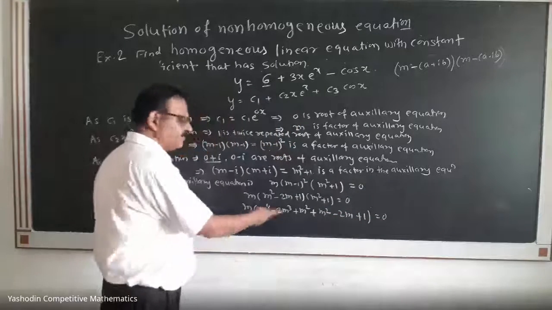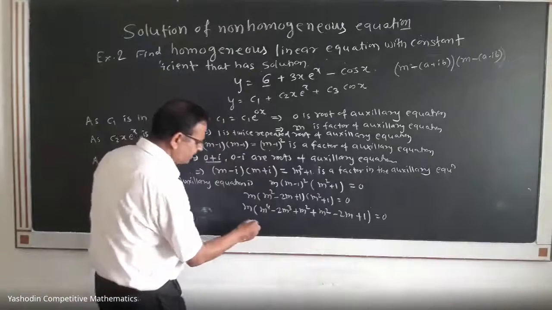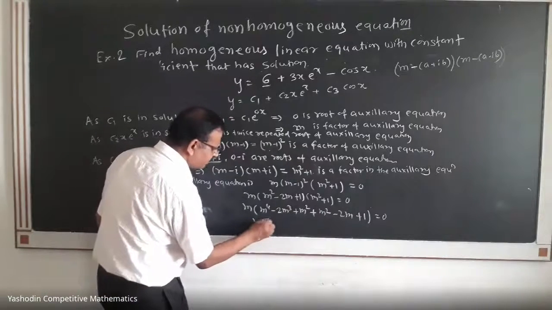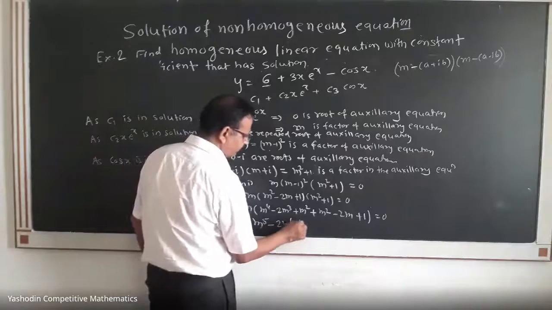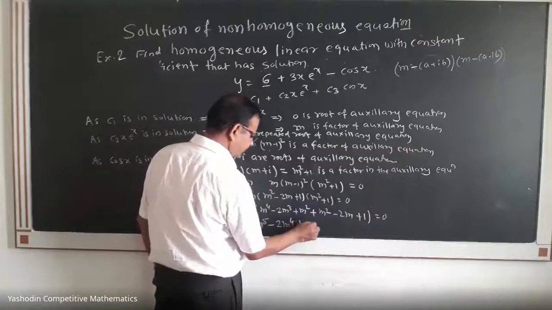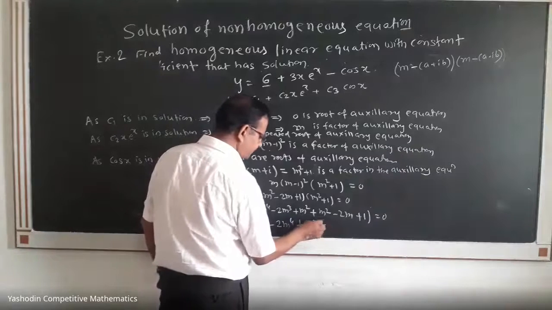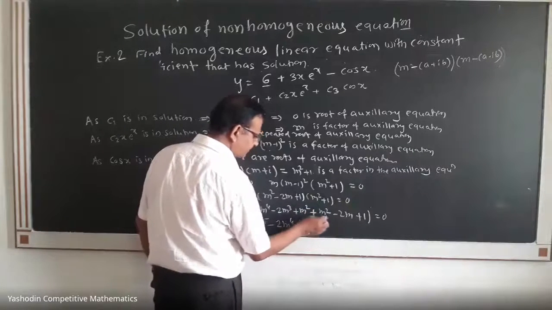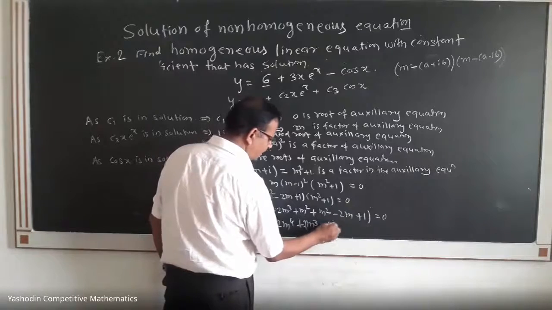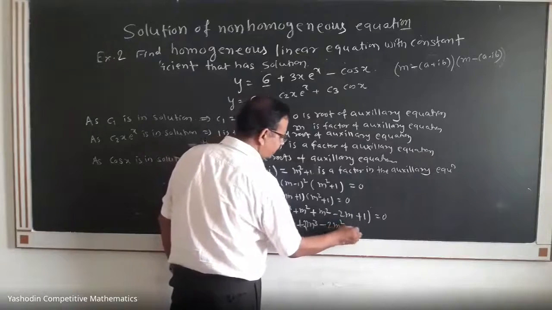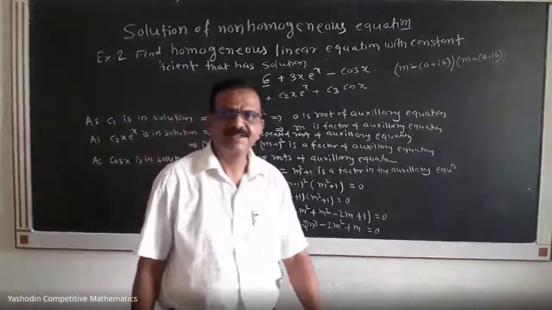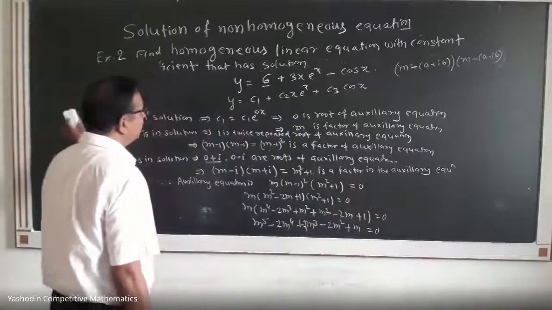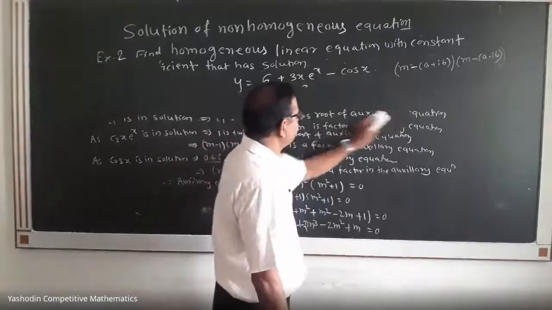Again I shall multiply by m, and that is nothing but m raised to 5 minus 2m raised to 4 plus 2m cube minus 2m square plus m equal to 0. This is the auxiliary equation. And from this, we can find f(D).